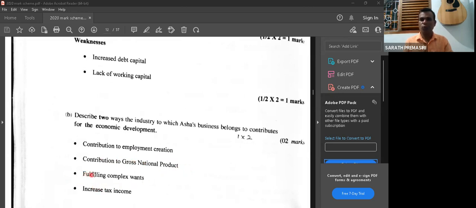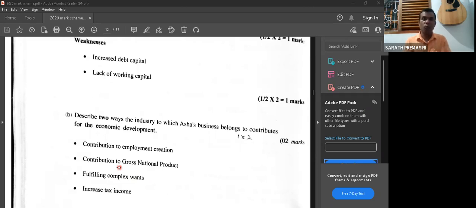She supports fulfilling complex wants. Various people are coming to this beauty salon to get that refreshment. And increase tax income. Because she has to pay tax sometimes. When she is paying tax, it is a kind of revenue to the government. Increase tax income. By contributing in this manner, Asha is able to contribute to economic development.